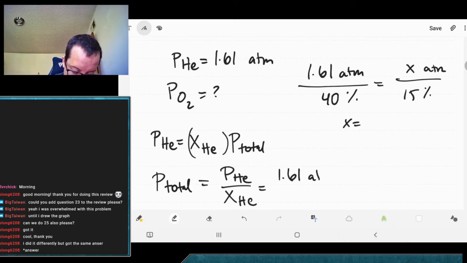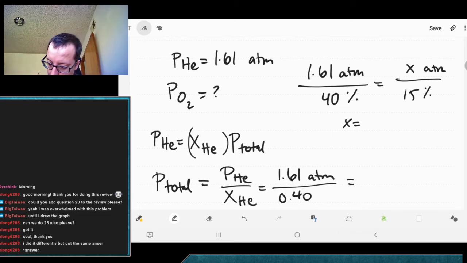So 1.61 over 0.40. Okay, so we see that the total pressure is 4.025 atmospheres.